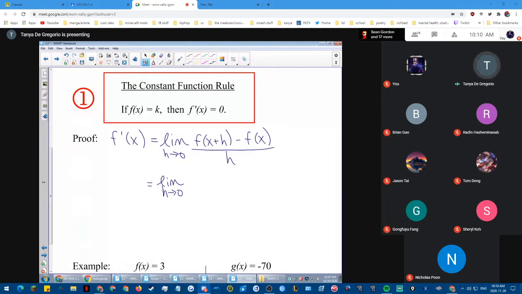My function is k. It's just a number. It's not an x. It's just k. So this becomes k minus k. And k minus k gives me 0 in the numerator. And 0 divided by a number is just 0.